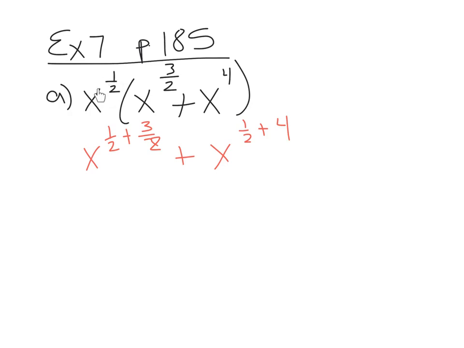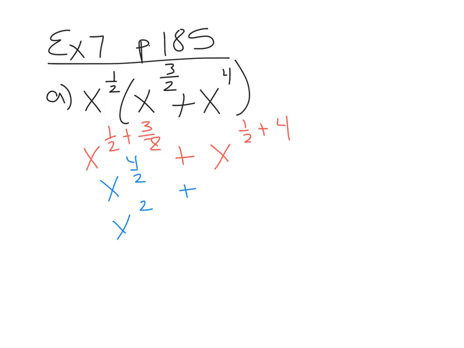So you can see that when I multiply this times this, I add these exponents. When I multiply this times this, I add these exponents. Exponents need to have a common denominator, which these do. So this is going to turn into x to the 4/2, which is x squared, 4 divided by 2. These are a little bit more difficult to add, but if you know the rules for adding, 1/2 plus 4 makes 4.5.